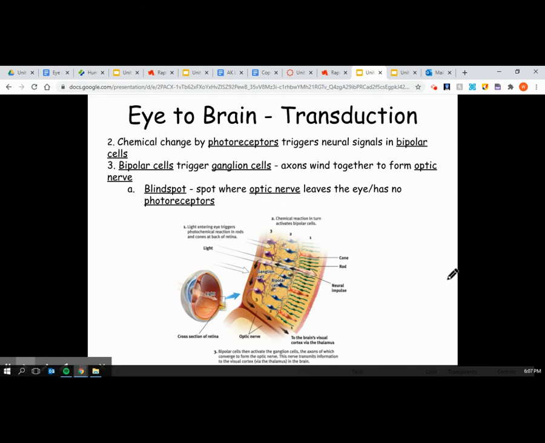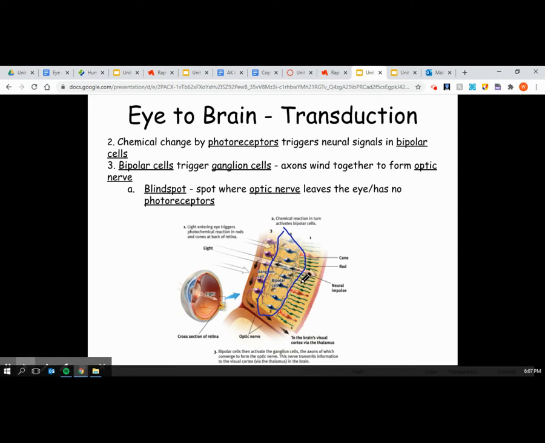And then this is where it gets a little bit more complicated. So these light signals trigger a chemical reaction in these rods and cones on the back of the retina. It triggers a chemical reaction in the photoreceptors. These rods and cones communicate with a type of neuron right here, called bipolar cells.